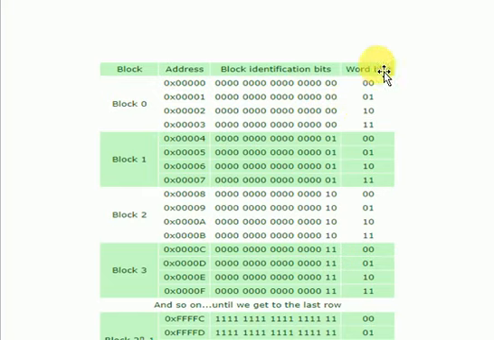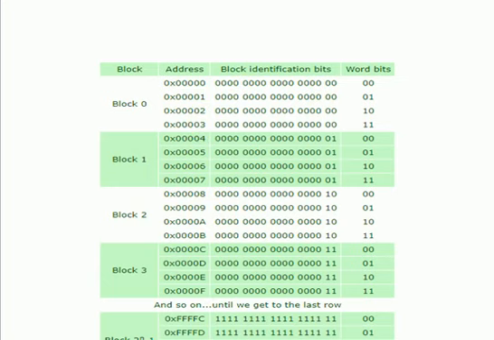And finally, I have some bits to represent the corresponding words present in the address locations. This scenario is just an example to make you understand how the block is constructed and what are all the things that are used to identify the various things in the block.